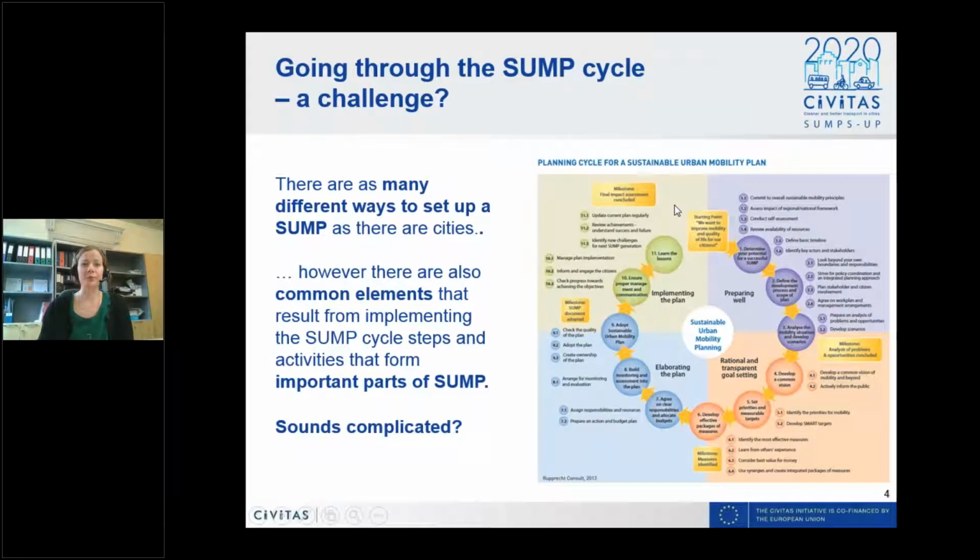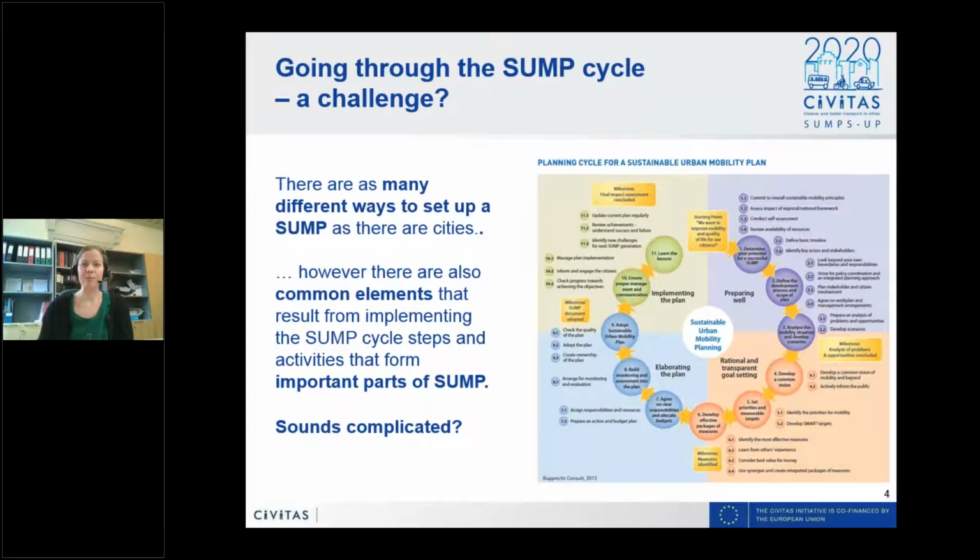But there are also some common elements if you go through the whole cycle that the SUMP should include. Like you should analyze the mobility situation, identify your stakeholders and find the right ways to work with them, then develop some scenarios and select smart targets and so on.